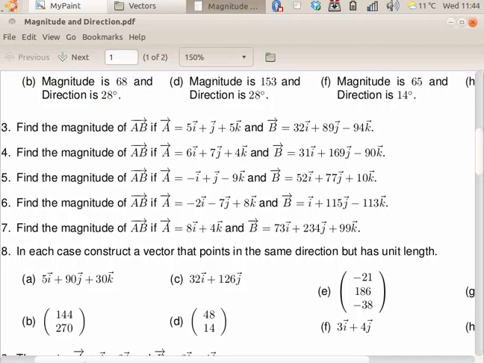So what did you get as the magnitude actually first, the length of the original? 95, exactly. So that means then the I part would be 5 over 95, so what's that, 1 over 19? Did you leave it as a fraction? So what's the J part then is 90 over 95, so what's that, 18 over 19? And the last one is 30 over 95, which is 6 over 19.